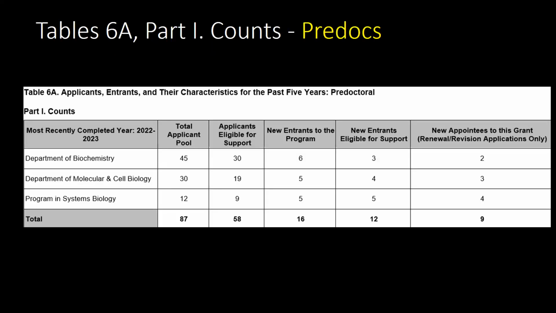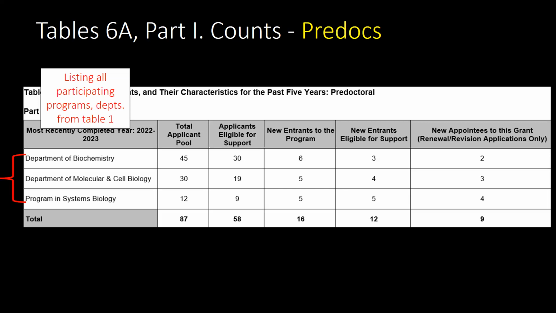So this is what the table looks like. If you were doing, say, a pre-doc application, you're going to have 3 different programs you can see here. And these are basically from table 1. Our applicants are coming from biochemistry, molecular and cellular biology, and systems biology.